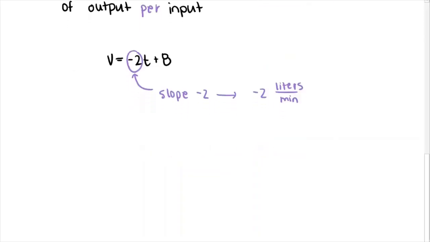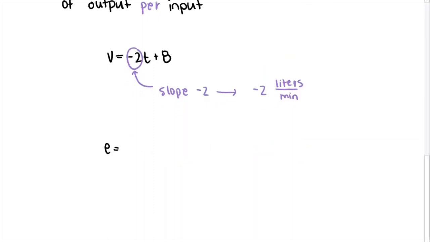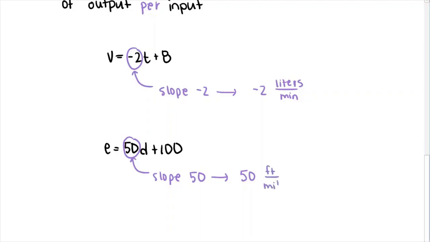Or if I look at the equation, E is equal to 50d plus 100, this slope of 50 is telling us that our rate of change in this situation is 50. Change of our output, elevation, is feet per single mile. Every mile we go into this trail, we expect a 50-foot gain in elevation.